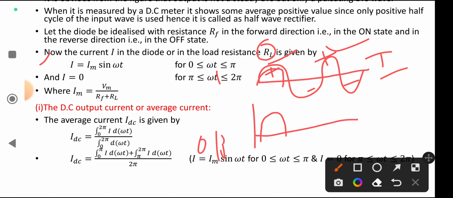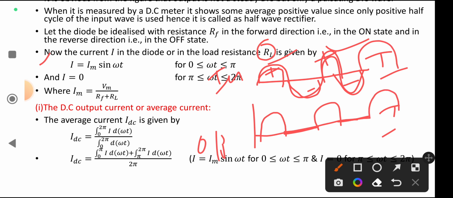Let this be the output and this be the input. At the output only this one appears. It is also current. Then during this negative half cycle it does not conduct, but in the next half cycle it conducts. It shows the output like this, and in the next negative half cycle it does not conduct, and again in the next half cycle it conducts like this. So that means you get pulses like this, one pulse, one pulse. In the pulse form you can get.